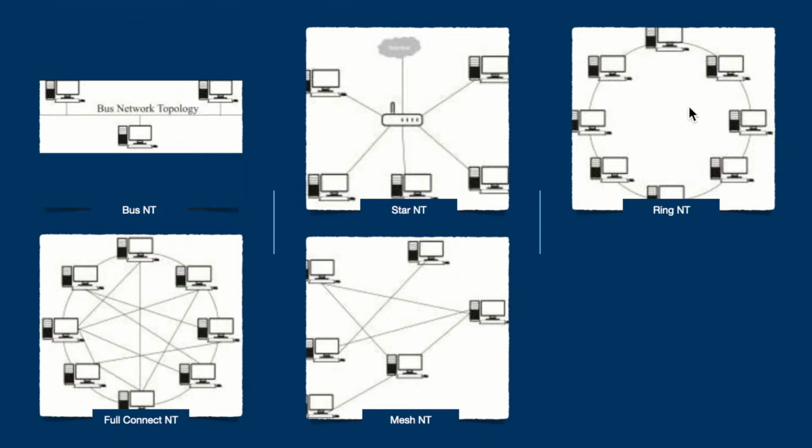The disadvantage of, for example, the ring network is that when a message is passed, it is depending on other nodes.